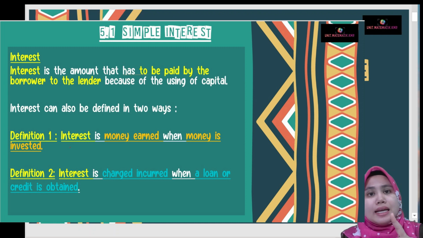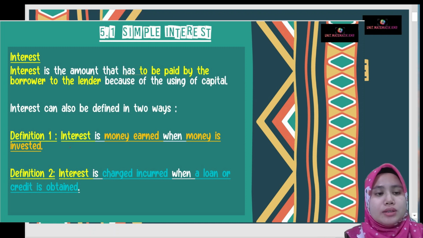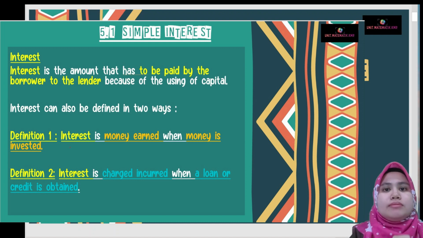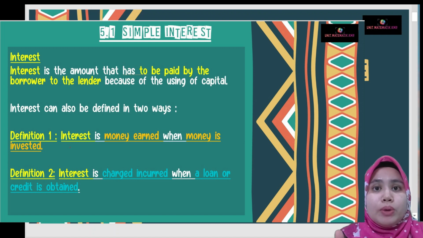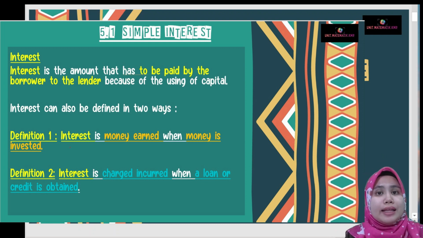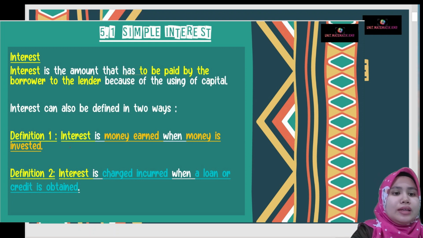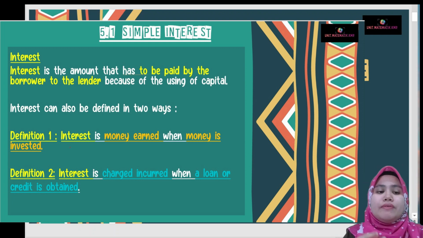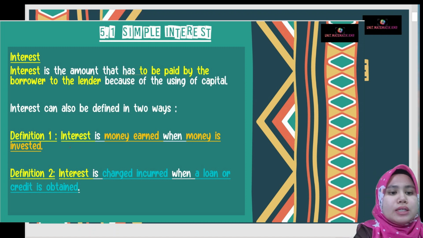But actually interest we can define in 2 different ways. Number 1, interest is the money earned. What does earn mean? Earn means you get the money when money is invested. So that means interest we have in investment. What is investment?